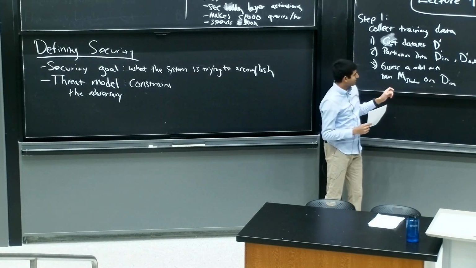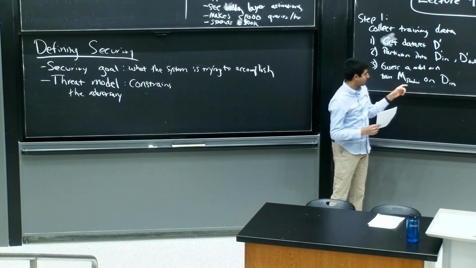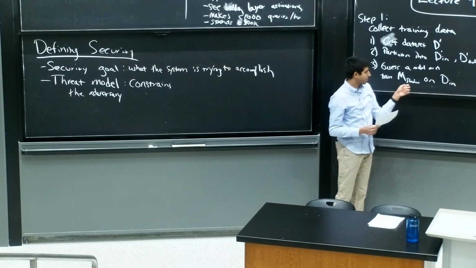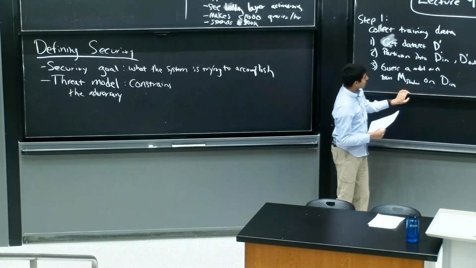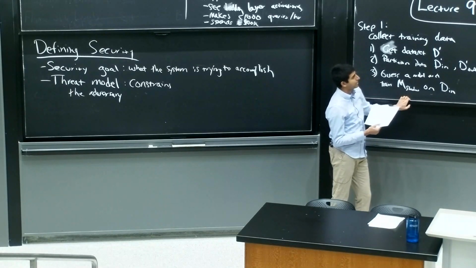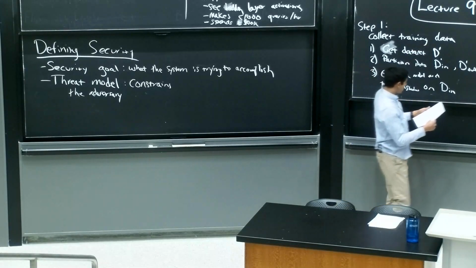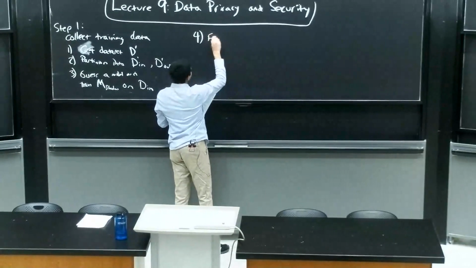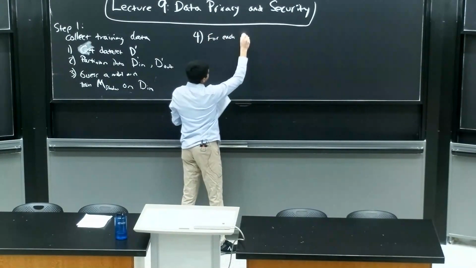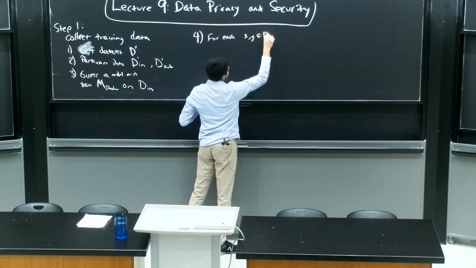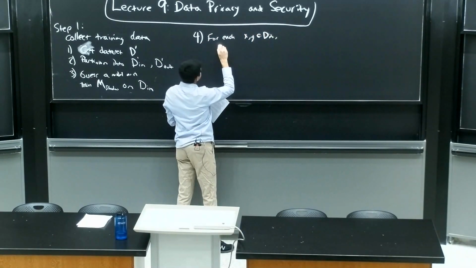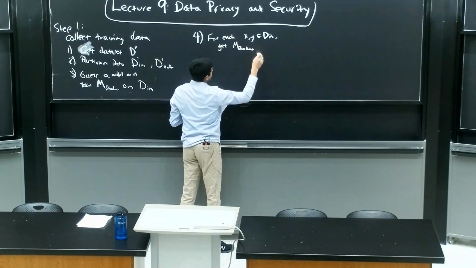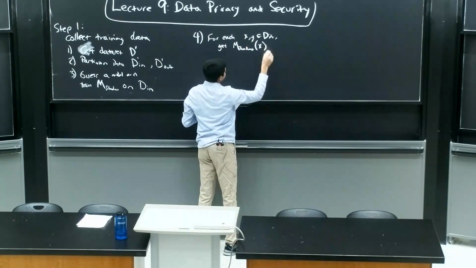So now I have a model and I have a data set. I have access to the ground truth of what data points the model was trained on. And so now I can construct the training data set for my model A. What I can do is, for each data point x, y in D in, I can calculate my shadow model's output on x.